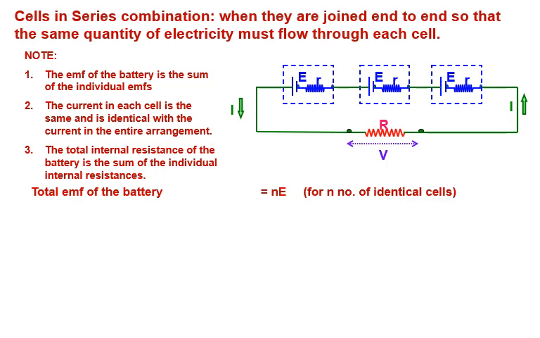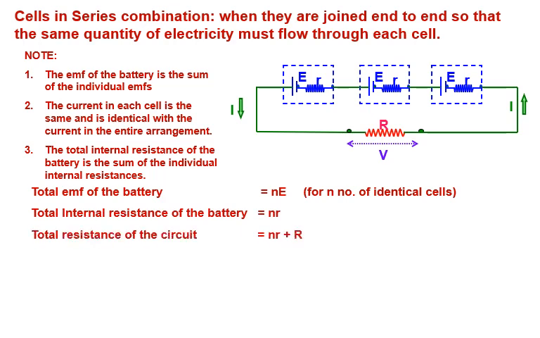So in general, if there are n cells, then the total EMF of the battery formed will be n into E. And this is the combination which you use in the torch. The internal resistance will become n into small r.